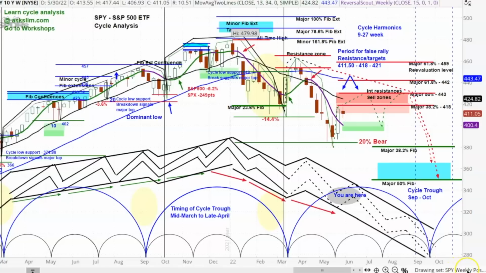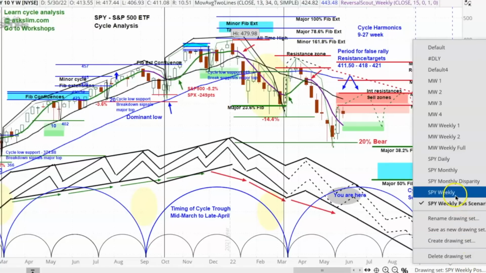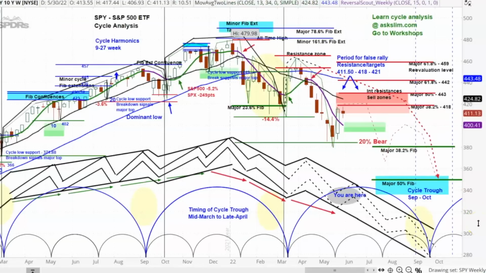So is it a more positive, super negative scenario anyway, or this one where it's not able to get any real rally going and then heads down to those areas? Wanted you to see both of those. One is very negative, as you can see, and one is negative, and just fails from a little higher level.